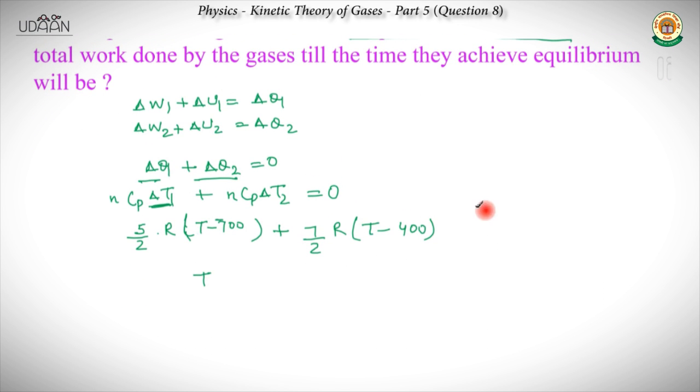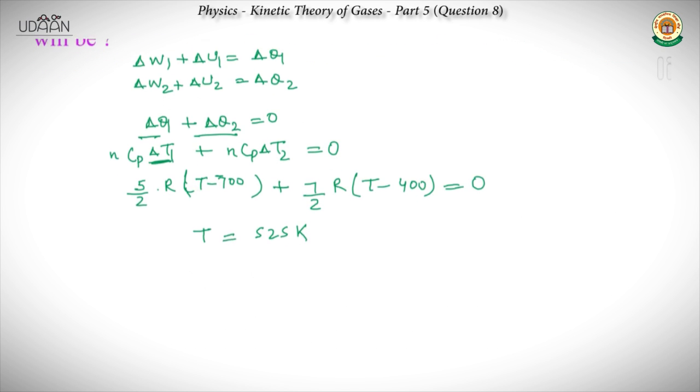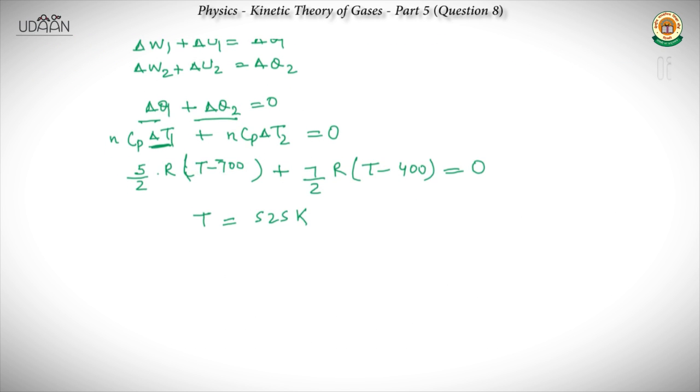So using this equal to 0, because the net heat given and heat taken would be the same and their sum would be 0, this T comes out to be 525 Kelvin. Now we see that the total work we have to find. So in our case we have delta U1 equals n Cv1 whole into delta T1.